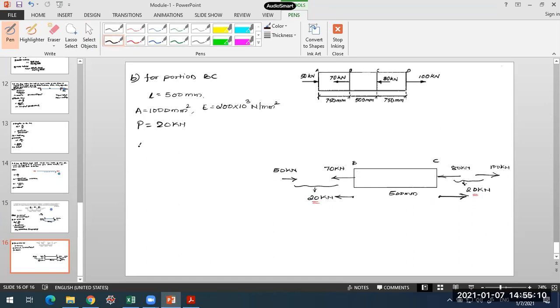So now we can find delta L2. In this case, P is 20 into 10 raised to 3, into L 500 mm, over A 1000 into 200 into 10 raised to 3. So delta L2 is 0.05 mm. This is the answer I am getting.